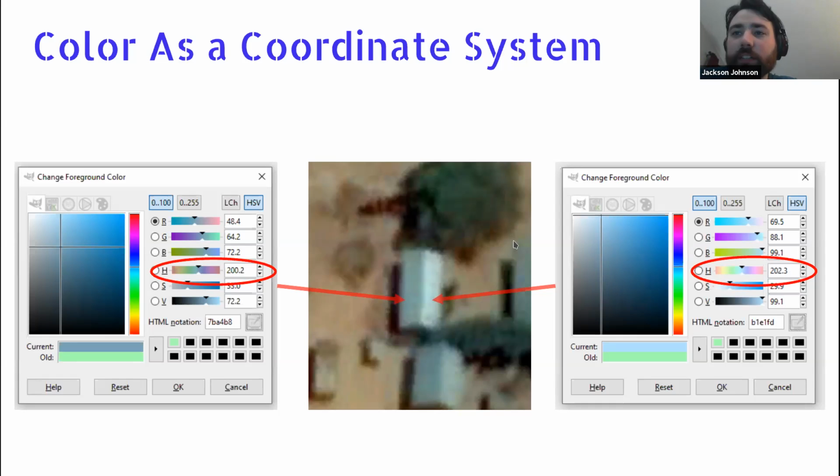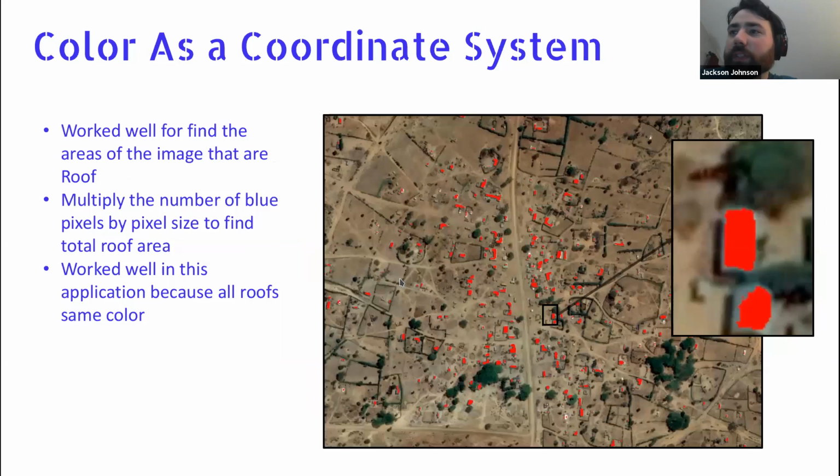So that means if I just loop through every single pixel in the image and check to see if that pixel is in the right hue range, I can pick out all of the different areas in the image that are part of a roof. And so you can see that here. Here's our village, and I had the code step through every single pixel.